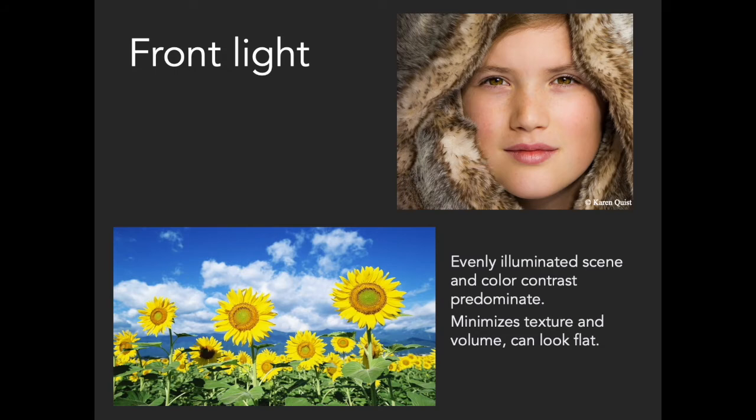So the first one we'll talk about is front light. For colorful subjects, the next best thing to soft light is low front light created by positioning the sun at your back and facing your subject. Since most of the shadows will fall behind your subject, the scene becomes evenly illuminated by the sun and color contrast predominates.